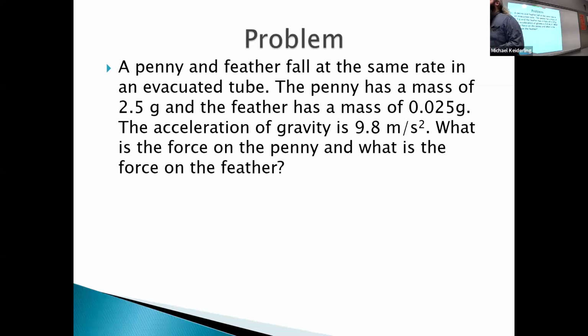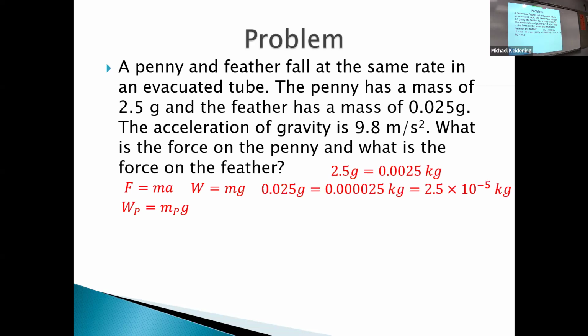Okay, so you made a small mistake. You forgot to convert from grams to kilograms. 2.5 grams is 0.0025 kilograms. 0.025 grams is 0.000025 kilograms, or 2.5 times 10 to the minus 5 kilograms.